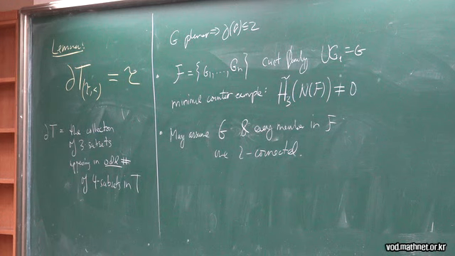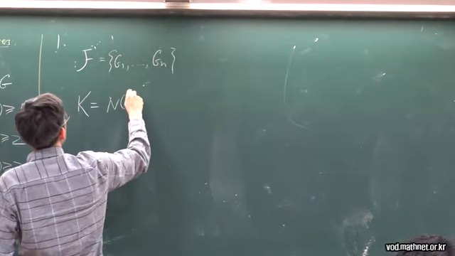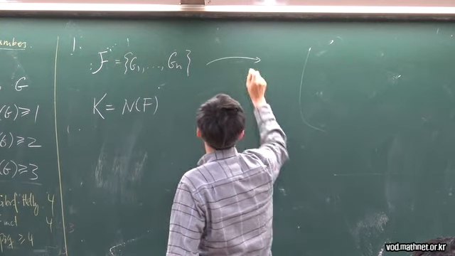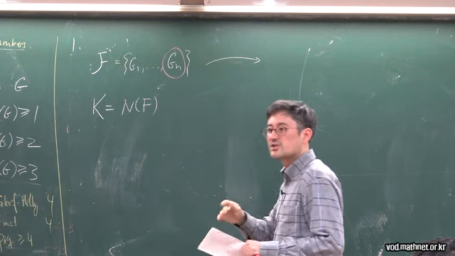And so the basic idea of the proof is very simple. I have here F. This was G1 to Gn. That's my counterexample. It has a nerve. Let's call it K, the nerve of F. And what I'm going to do now is I'm going to fix this guy, Gn, and I'm going to change Gn a little bit.